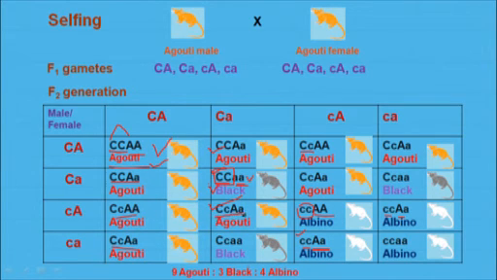So gene A, when it comes with gene C, modifies the phenotype of capital C, because capital C in absence of dominant A produces black color, but when the dominant A allele is present, it produces agouti colored mouse. So this case is called modification of phenotypic effect.